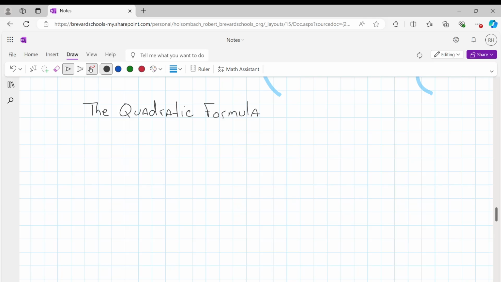And the quadratic formula is used to solve a quadratic when some of the other methods aren't available, like factoring or completing the square or some of the other techniques you've been using previously.